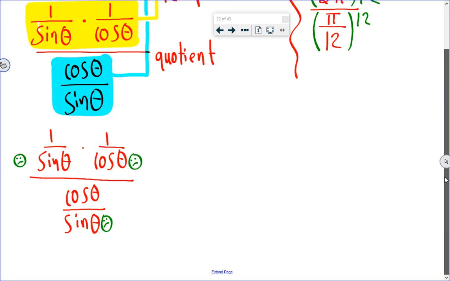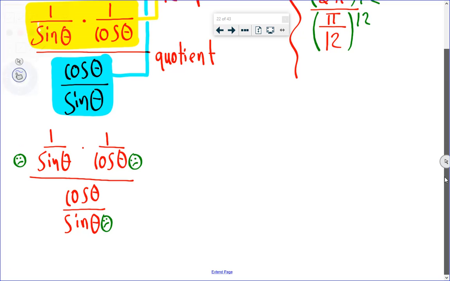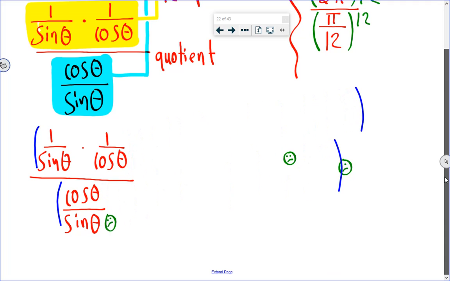I have to get rid of these three things, and I'm going to do so by multiplying the top and the bottom by whatever it takes to get rid of them. If you were writing a diploma exam and you put little unhappy faces, that's fine. A person might kind of get what you're doing, but it's not part of your work. How do I get rid of over sine of theta?